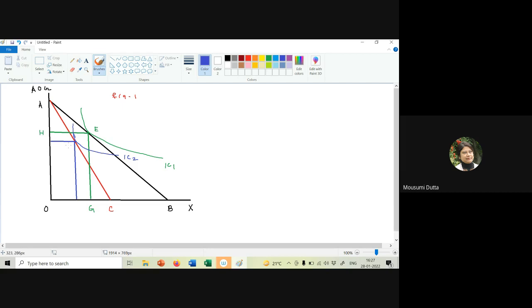So I'm calling this E prime, with G prime and H prime.